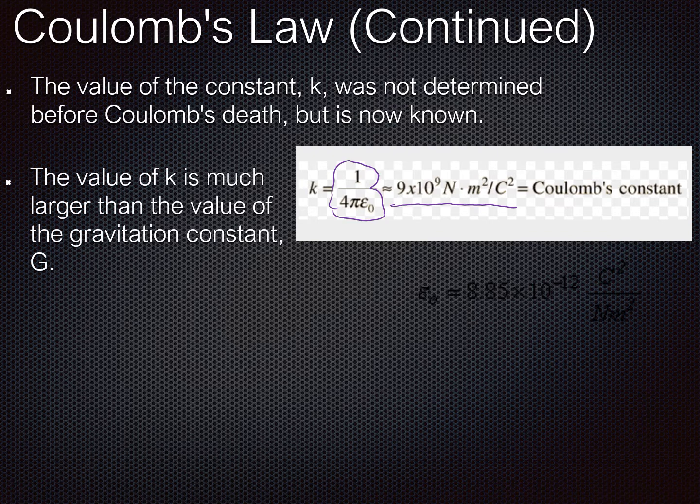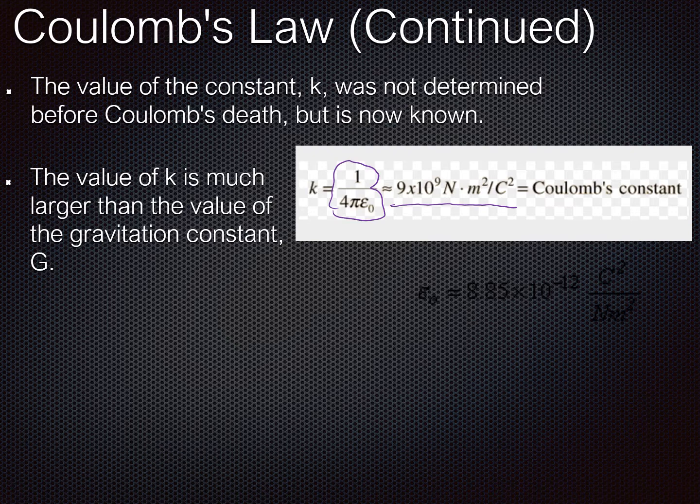Now, by the way, the value of K is much larger than the gravitational constant. If you remember back in the beginning, when we were first talking about the introduction to physics, we talked about the different fundamental forces that were involved in the universe. And we talked about how gravity is actually the weakest of all the forces.